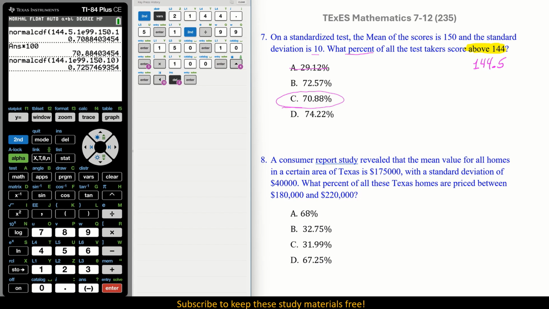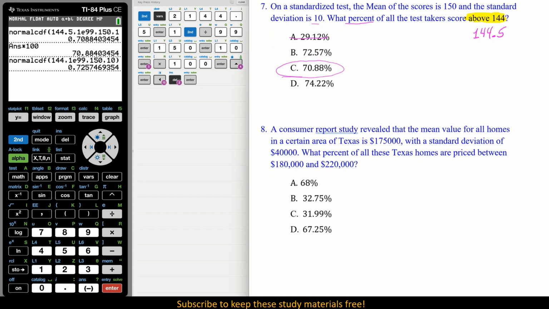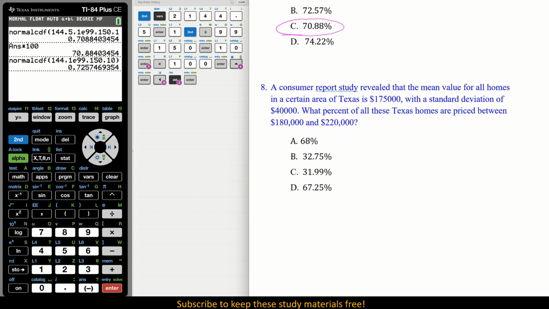So that would be off. We want everything above, not including 144. So that's a way for me to show you what would happen. It's just something to keep in mind as you're working. You really have to pay attention to the English, to what is really honestly being asked.